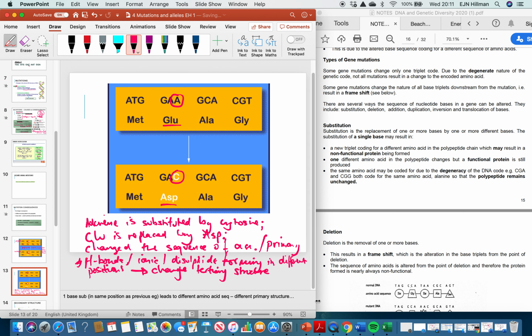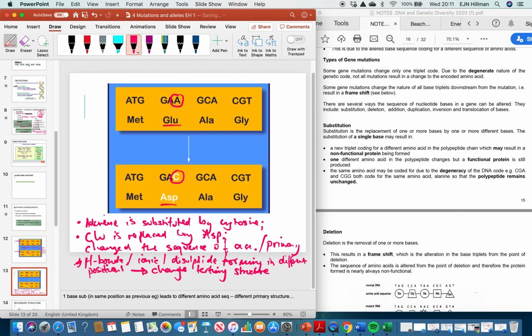Okay, so the things you need to mention then. What is the change in the nucleotide bases? What is the change to the sequence of amino acids in the polypeptide?